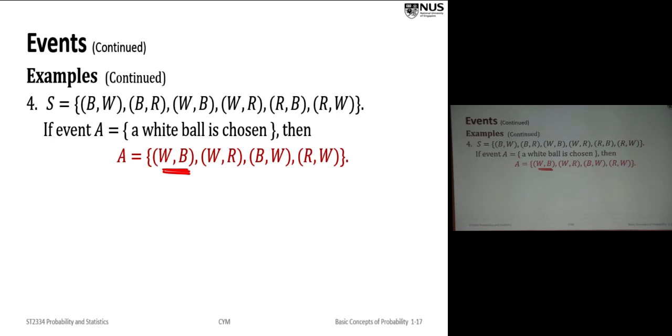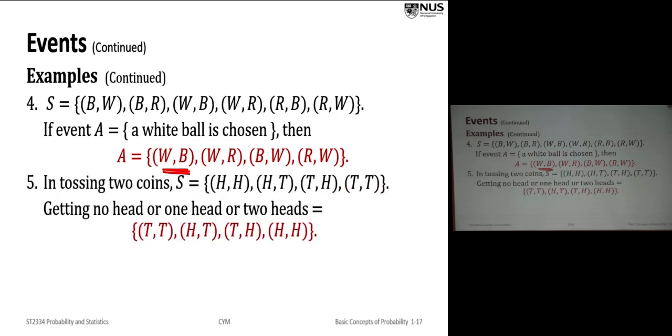If you want to answer the question, what's the chance that you got 1 white ball, it's difficult to address. But if you treat it as equally likely outcomes, then you just count how many outcomes give you 1 white ball. So all these are 1 white ball.